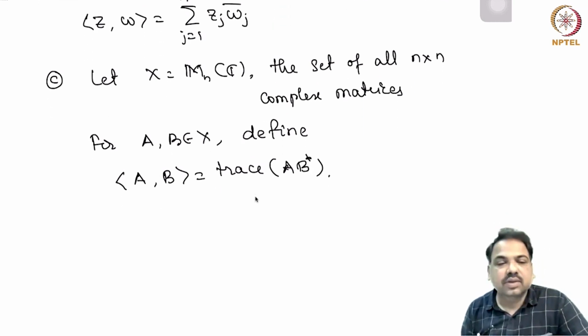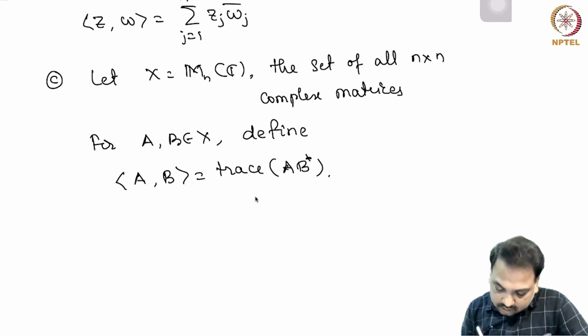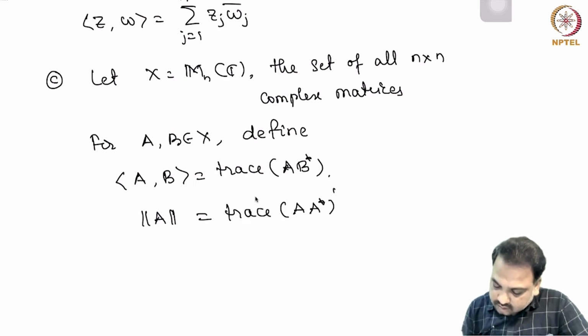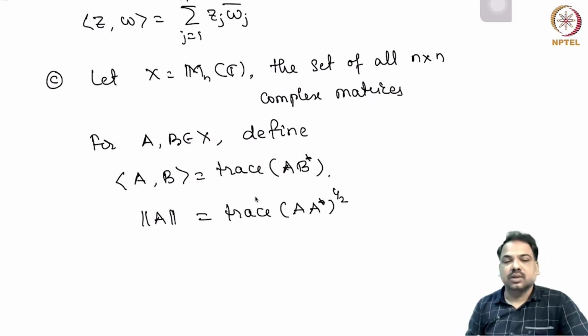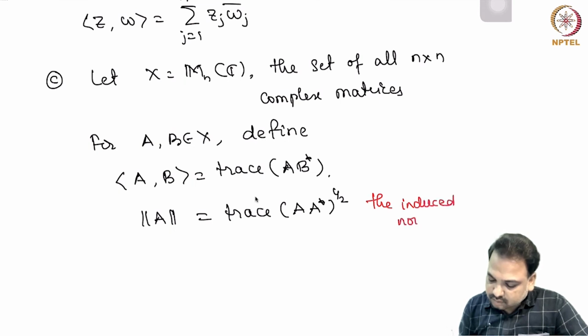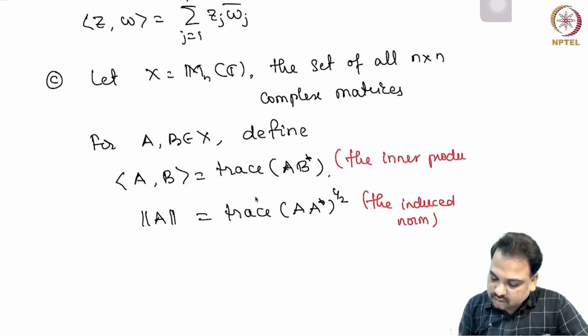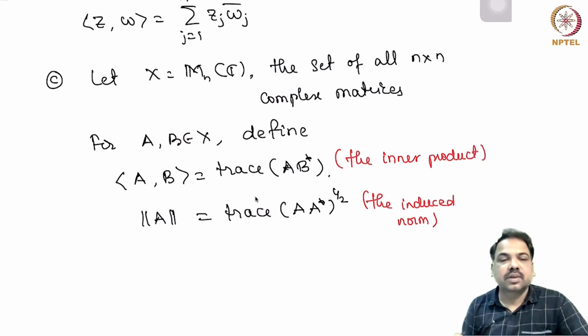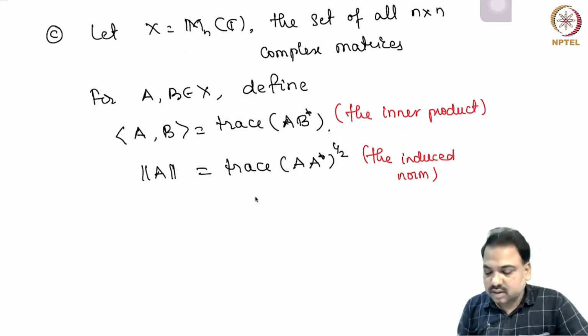Then we can show that this is an inner product on X, and the induced norm is nothing but trace of A star A to the power of one half. So this is the induced norm. This is the inner product. With respect to this inner product, the set of all n by n matrices is a Hilbert space.